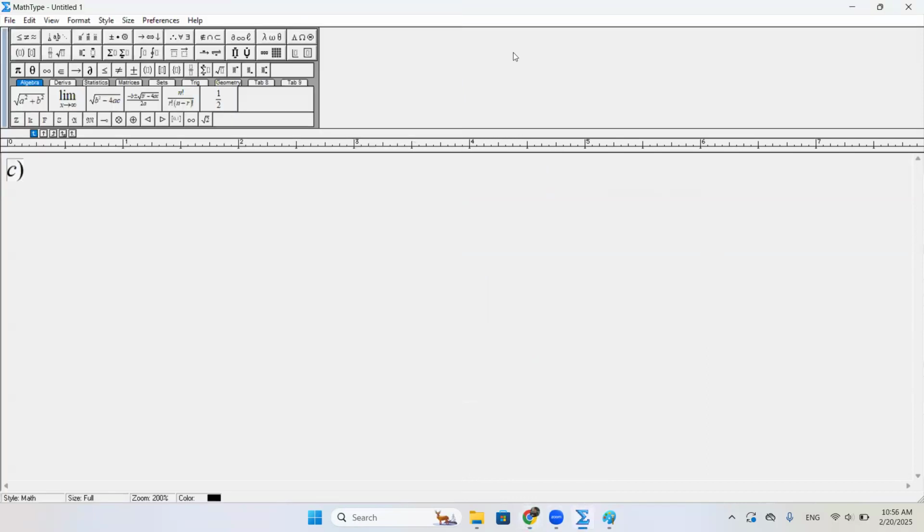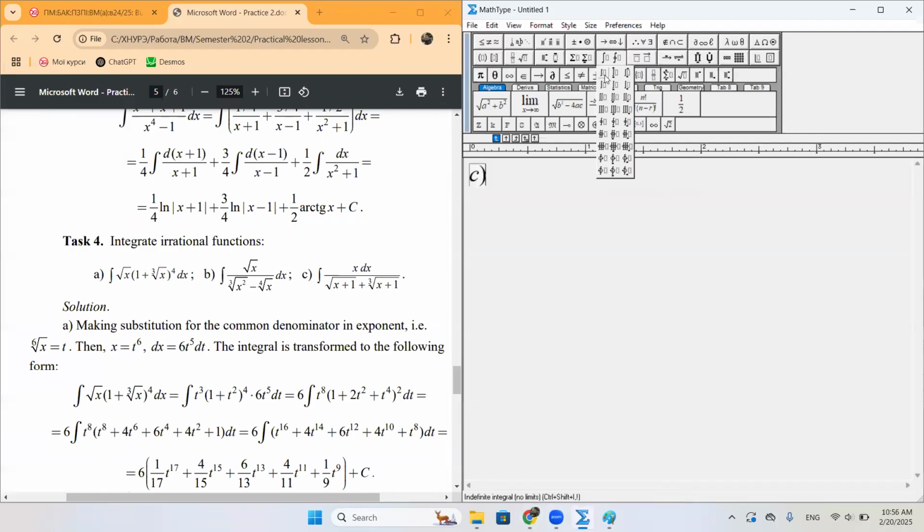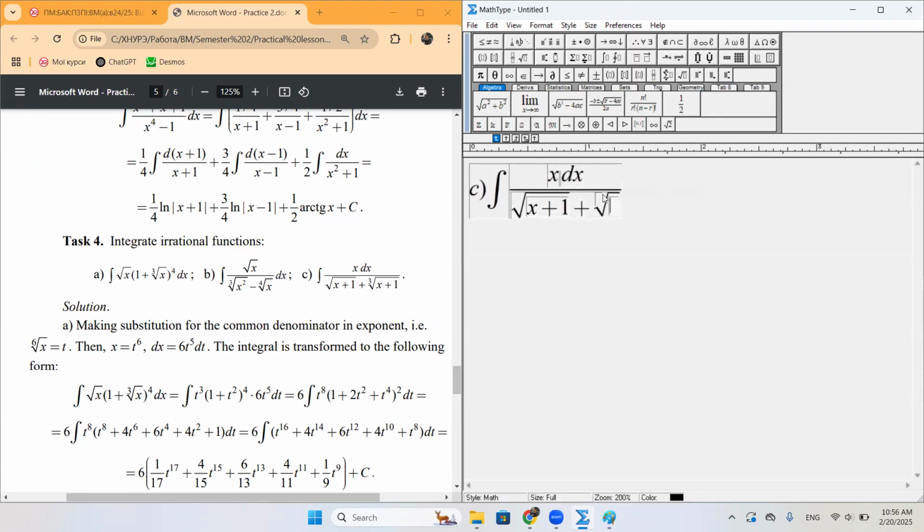So the following exercise, the following integral: x dx, and again we have irrational expressions, x plus 1 plus the cube root of x plus 1. And what do we have?